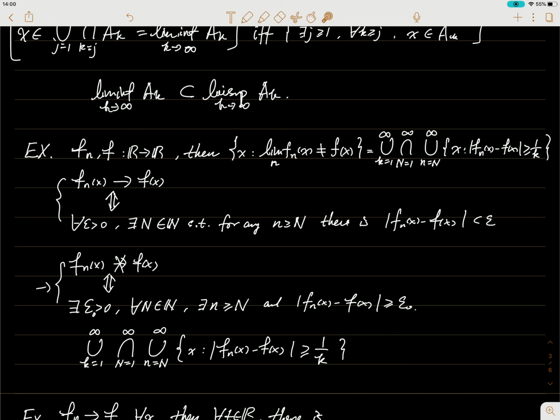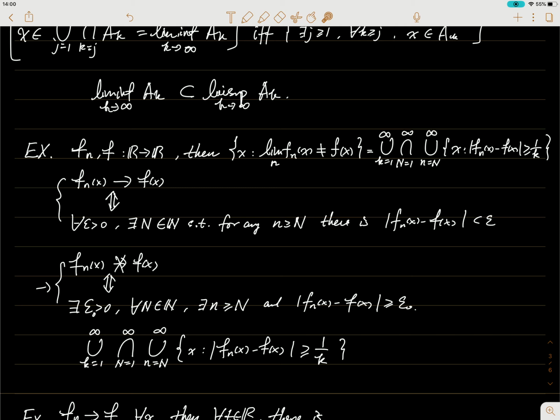So this is just reverting the statement here, since we're thinking about the sequence f_n not converging to f. So this is essentially the definition. That means there exists some epsilon 0, such that for any capital N, there exists some little n, such that this is greater than epsilon 0.